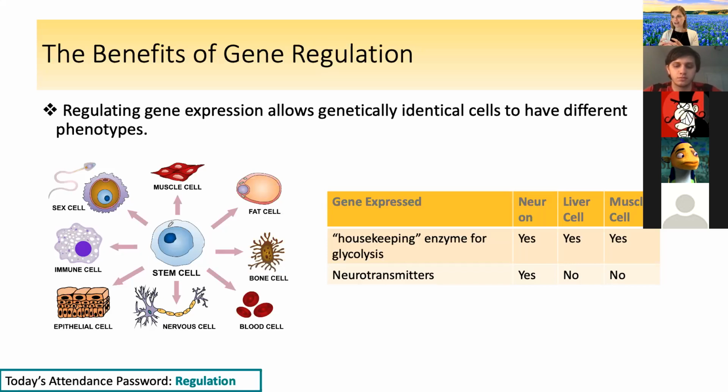So they start off as these immature stem cells that, the world is their oyster and they can become anything they want. And this is where this whole thing of gene regulation comes into play. So we're going to see that as they start down these different pathways, different genes are going to be turned on and turned off so that they can become that specialized cell.